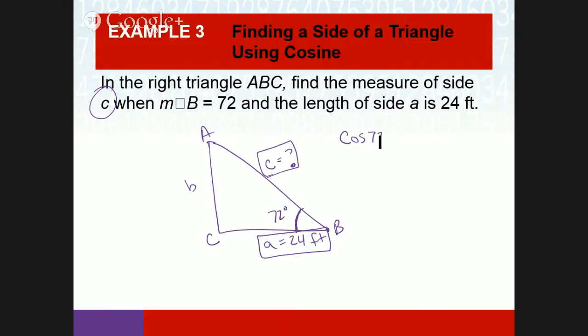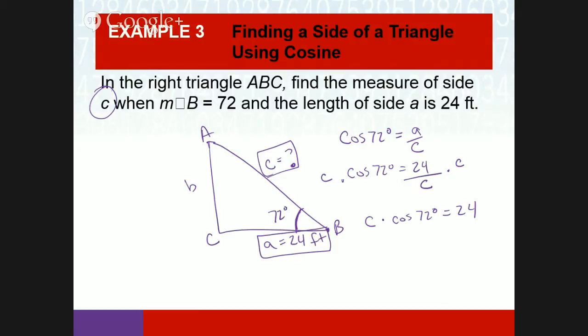Cosine of 72 degrees is going to equal A over C, so cosine of 72 degrees is going to be 24 over C. Now I need to solve for C. If I multiply both sides by C, I would have C times cosine of 72 degrees equals 24.